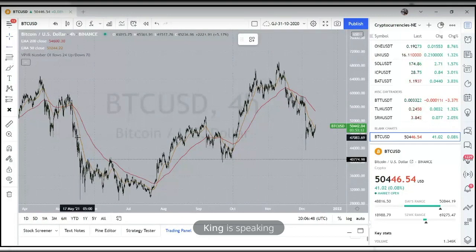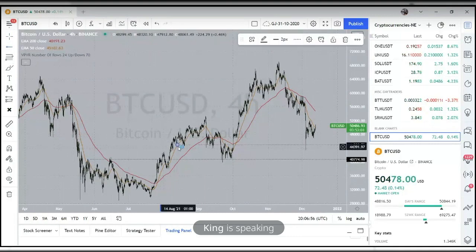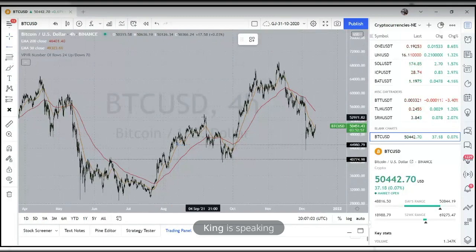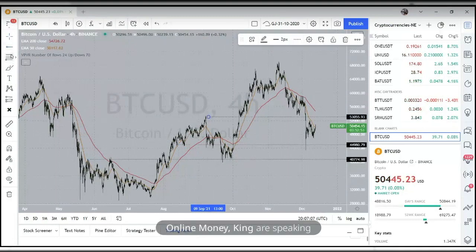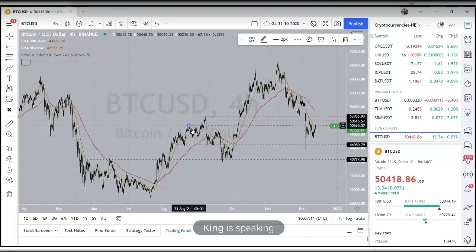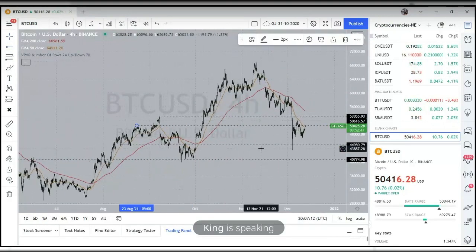You would get somewhere around this level here at 44. This level here, where's that, 53? Do you know what I'm saying? So just go back a bit further and see what levels you see, I would say.